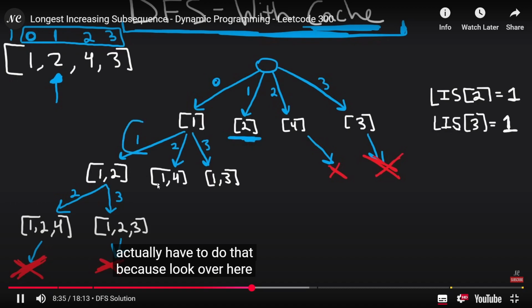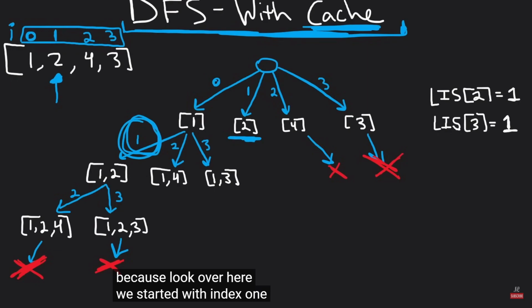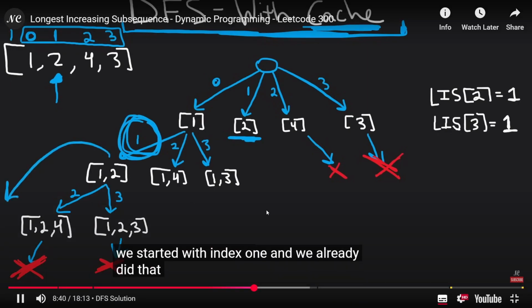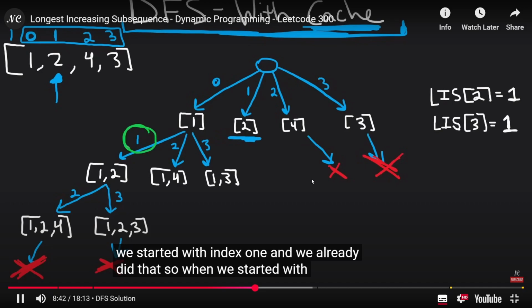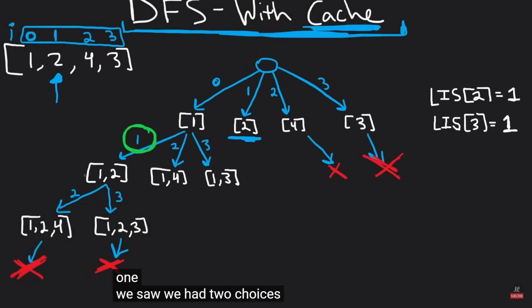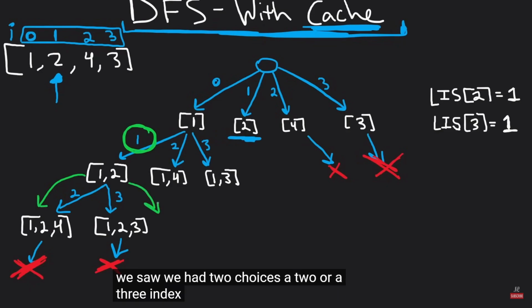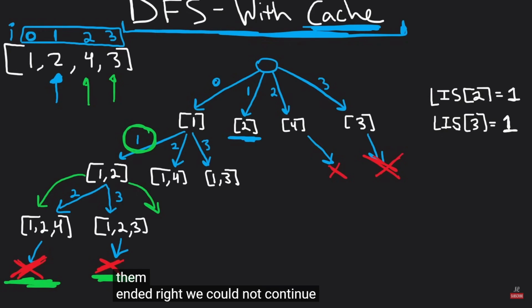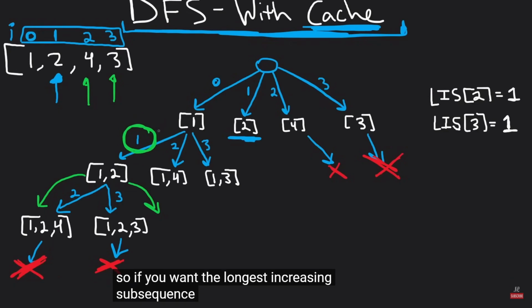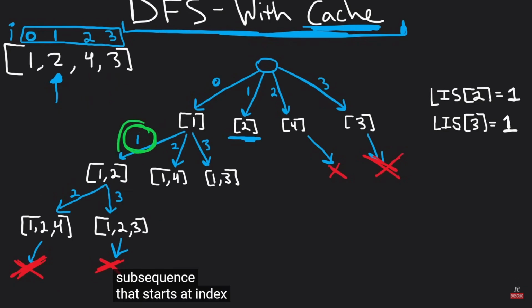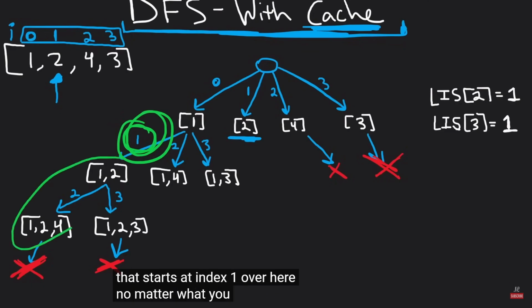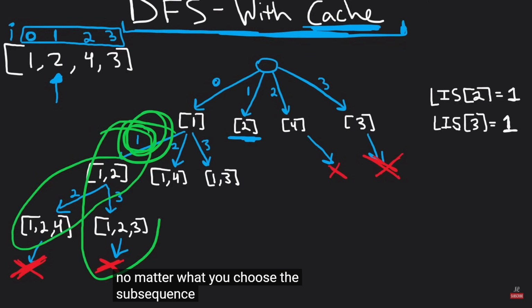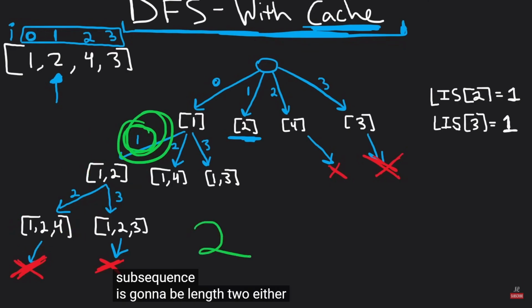Look over here. We started with index 1 and we already did that. So when we started with index 1, we saw we had two choices, a 2 or a 3 index, right? We could choose this or we could choose that. We saw both of them ended, right? We could not continue either of them. So if you want the longest increasing subsequence that starts at index 1 over here, no matter what you choose, the subsequence is going to be length 2 either way, right?